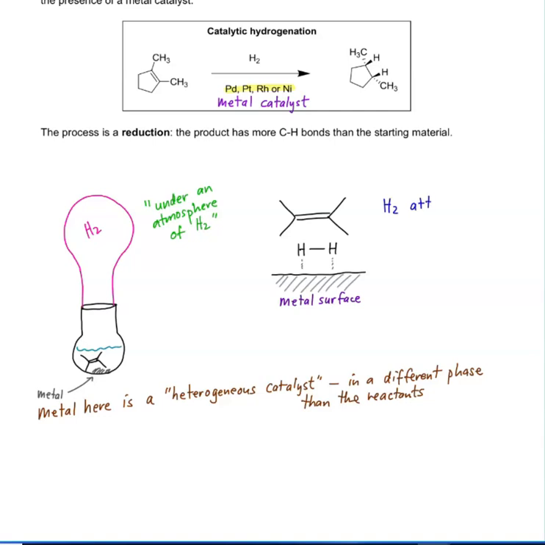So the hydrogen attaches to the metal, and that holds it in position so that those hydrogens can then be transferred to the alkene. And because they're going onto the same face, that is a syn addition.